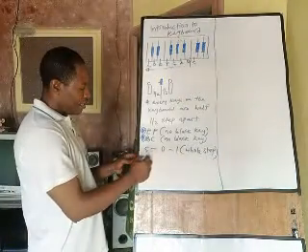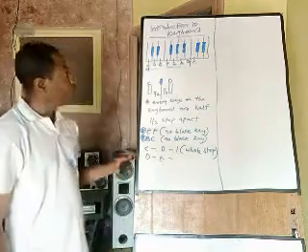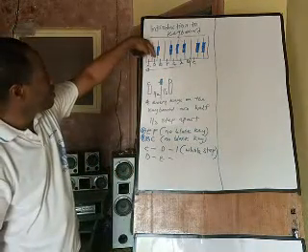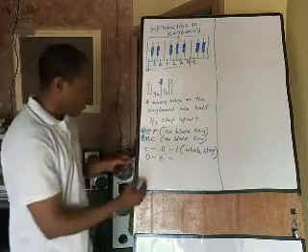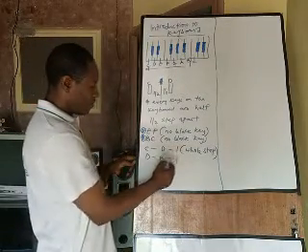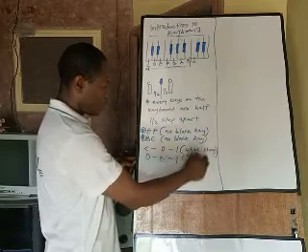Between D and E is what? 1, it is 1 also. Why? When you are on D, look at it. From here to here is half. Yes, from here to here is half, making 1. That means from D to E is also a whole step, or 1 step.